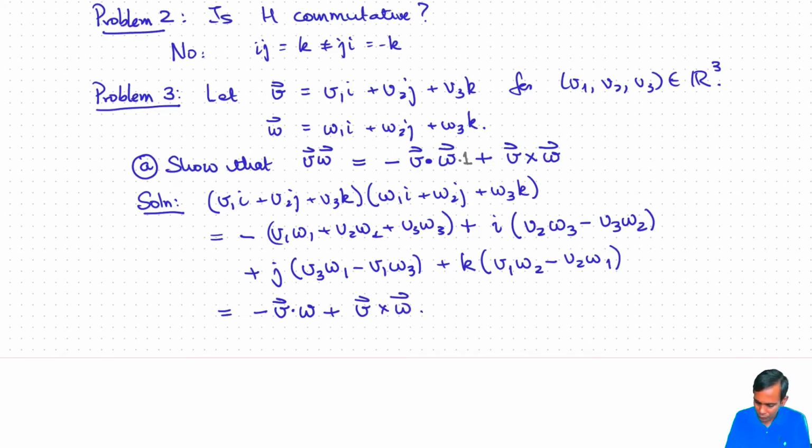Okay, before we go further, let me recall what V cross W is. This is the cross product, right? And what is its geometrical interpretation?